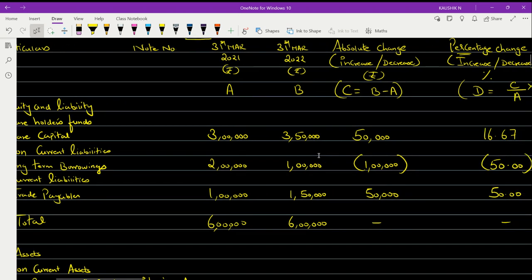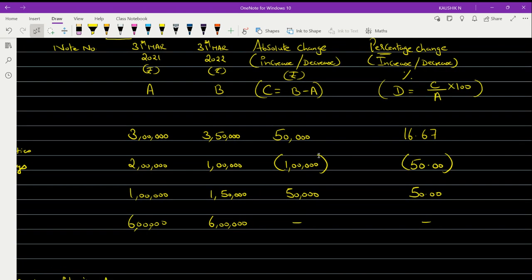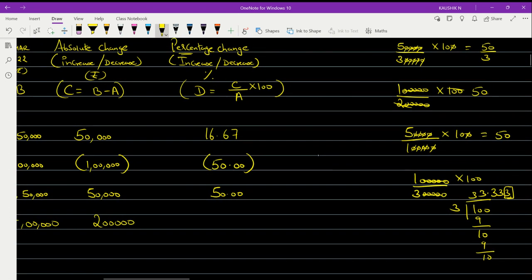For example, here where you have got 6 lakhs, suppose this shows 8 lakhs. I'm giving an example, of course it's not 8 lakhs, just for your understanding. So 8 lakhs minus 6 lakhs will be 2 lakhs. So here you perform 2 lakhs divided by 6 lakhs into 100.